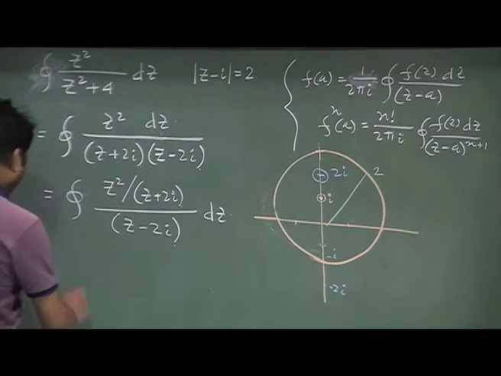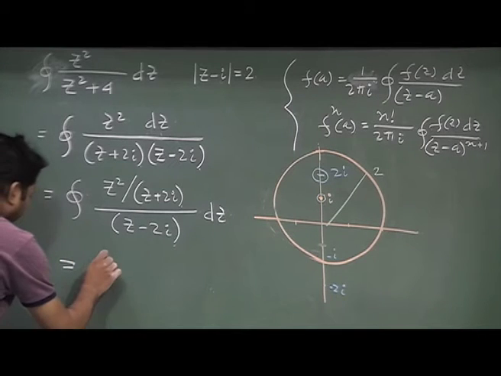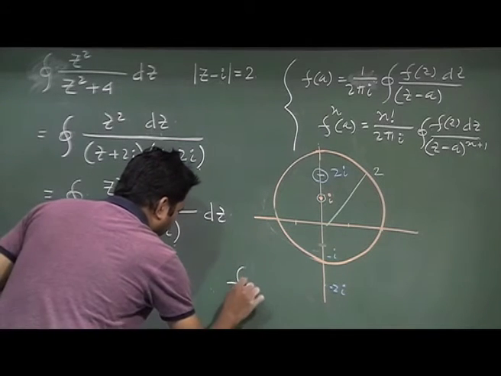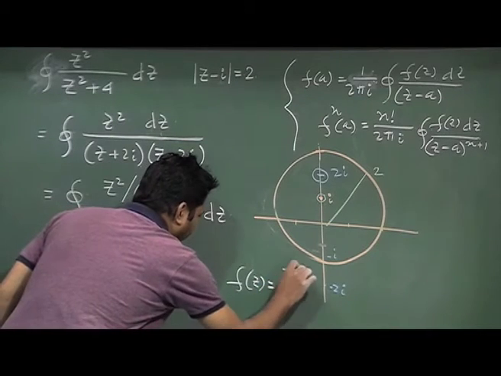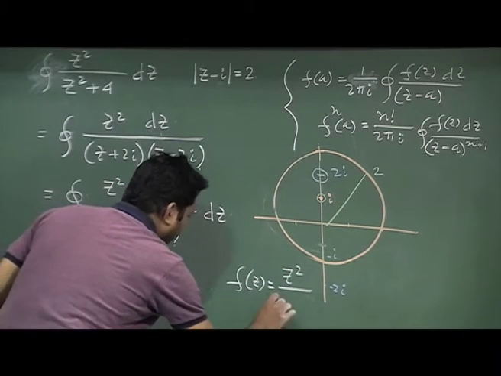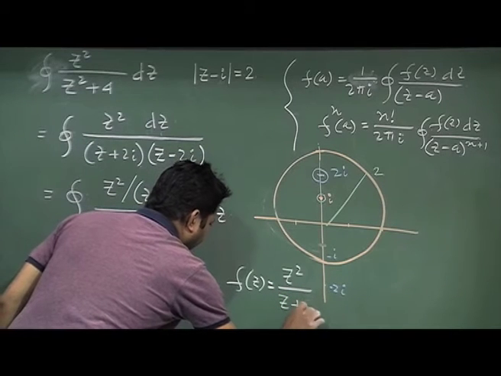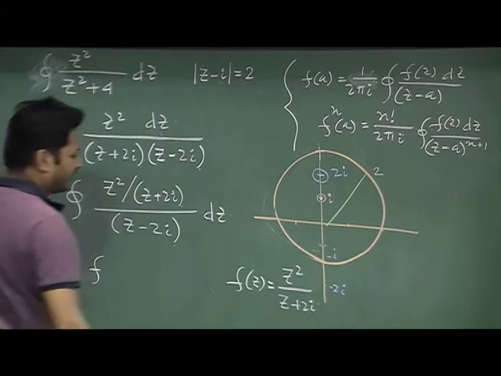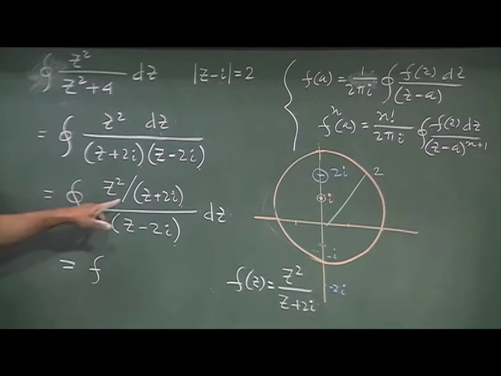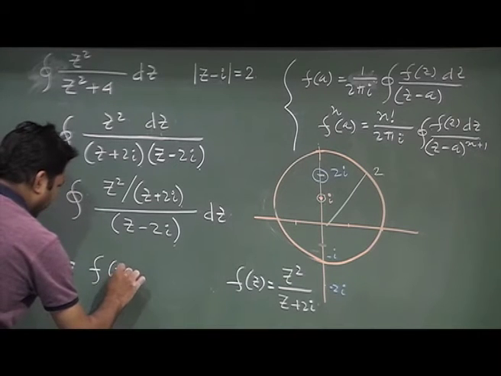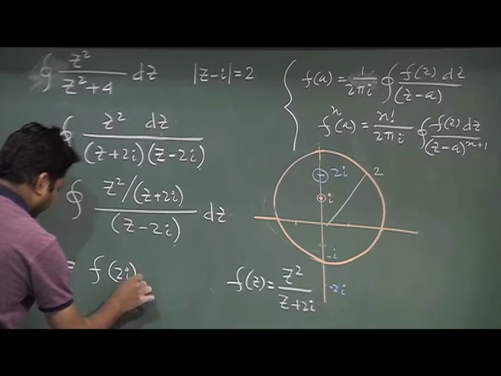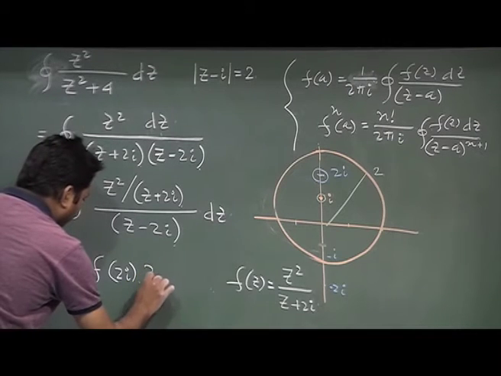So what should be the value here? The value will be the function at the 2i point, multiplied by 2 pi i.